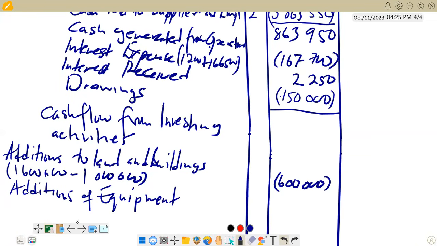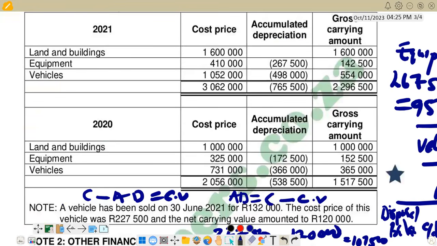Right, we go again to the question to find out about additions. To find out what amount was added, we try to find out if we are going to have a differential in terms of the amount. Remember, we have the cost price at the beginning of the year, of equipment, which is 325,000, and then at the end of the year we had 410,000.